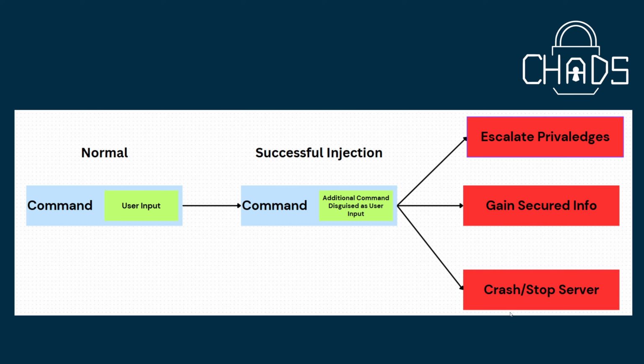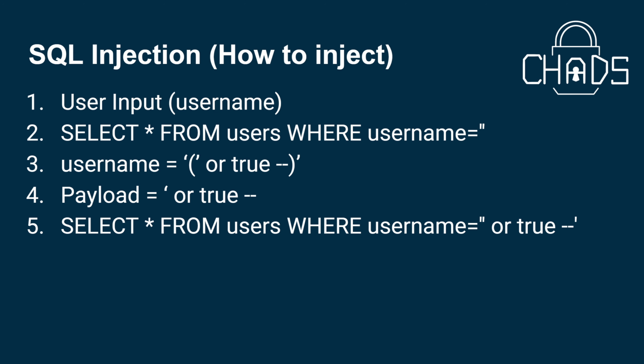You can crash or stop a server, gain information that you're not supposed to gain, or escalate privileges, which are all things you don't want people to do. But for our specific scenario, since we're the hackers, it's the stuff that we want to do. So that's the idea of SQL injection.